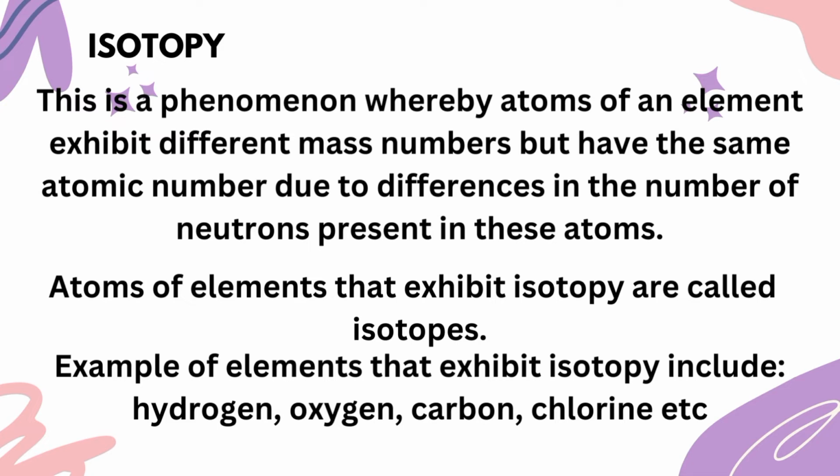Note that atoms of an element that exhibit the same atomic number but different mass numbers are called isotopes. Examples of elements that exhibit isotopy include hydrogen, oxygen, carbon, chlorine, etc. So you take note of these examples.